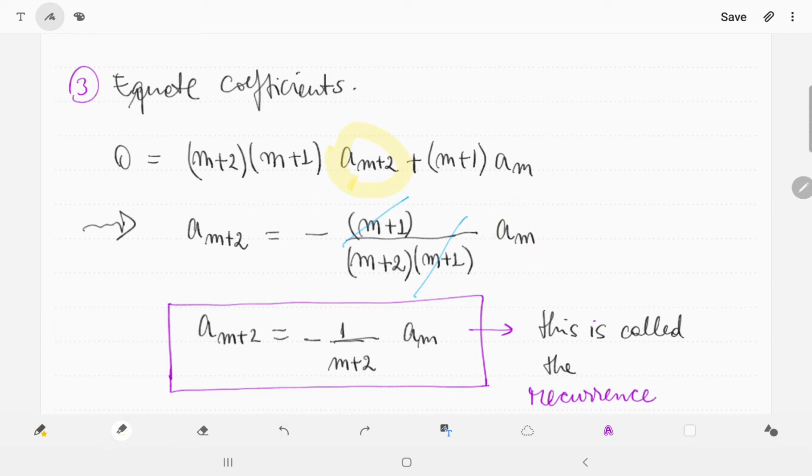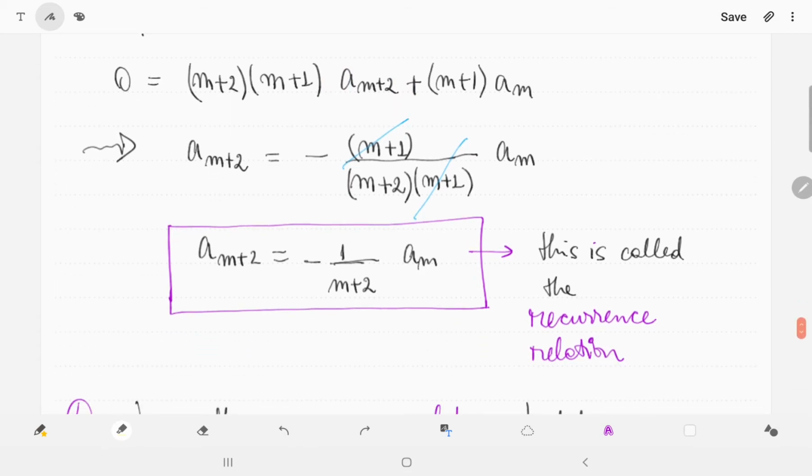And simplifying a little bit, we get this final expression: a_{m+2} is equal to this number times a_m. This expression has a name, the recurrence relation.